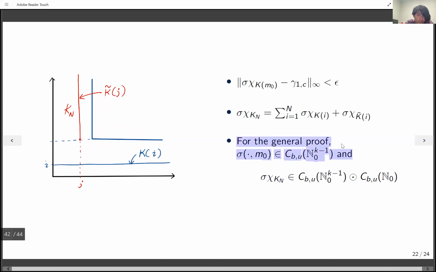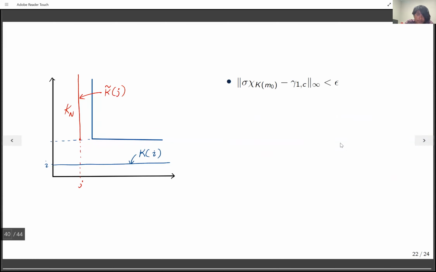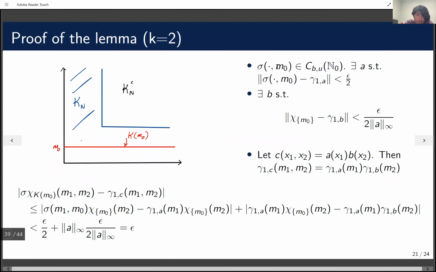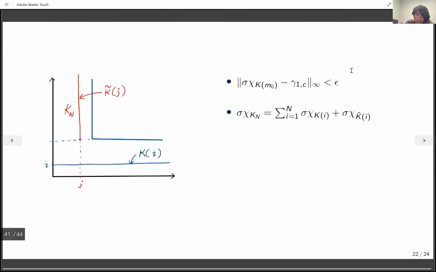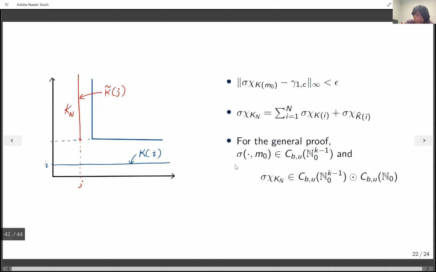For the general proof, what changes is, earlier, when we fixed one of the variables, that was just in CBU n naught. Now, in the general case, when we restrict one variable, that's going to be in CBU n naught k minus 1.